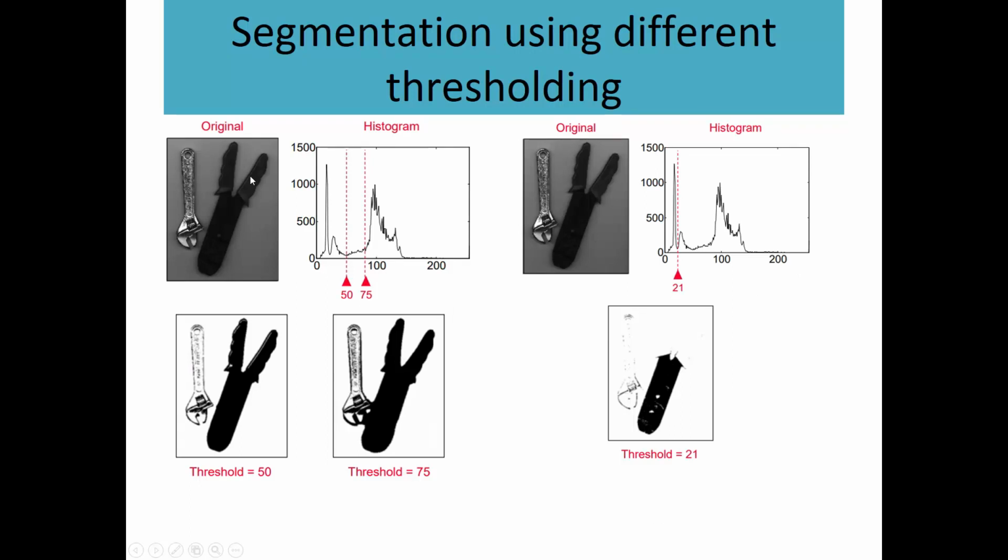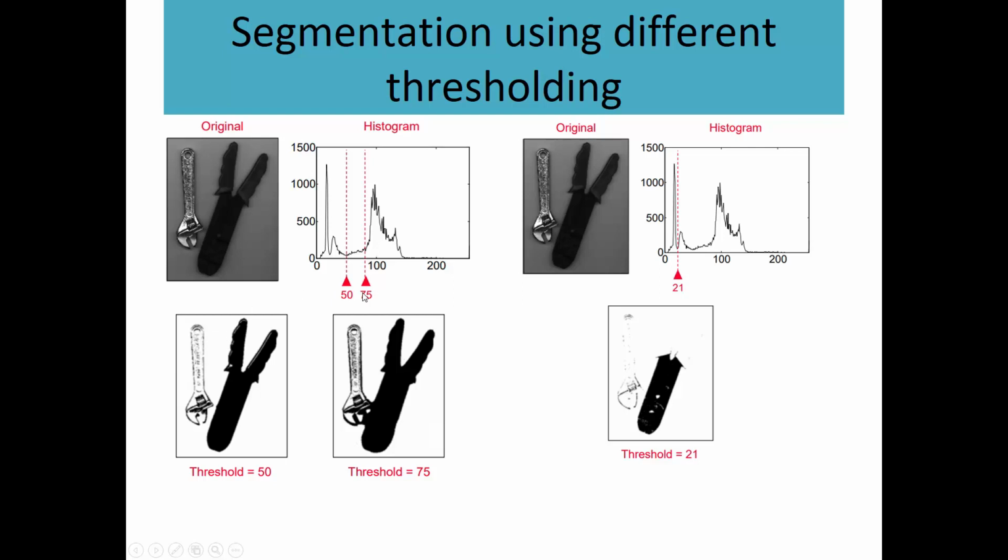Now the selection of an appropriate threshold is very important. For example, this is an original input image, and this one is the corresponding histogram. If we select a threshold value of 50, then we get an output image as shown in this figure, where there is a proper segmentation and the background is separated from the object.